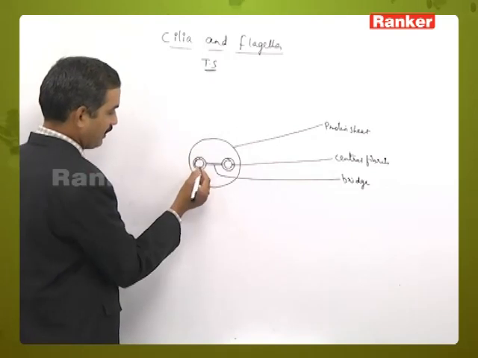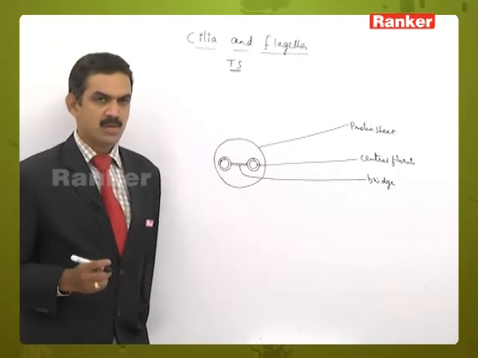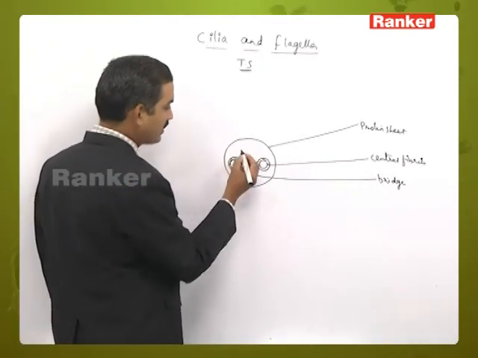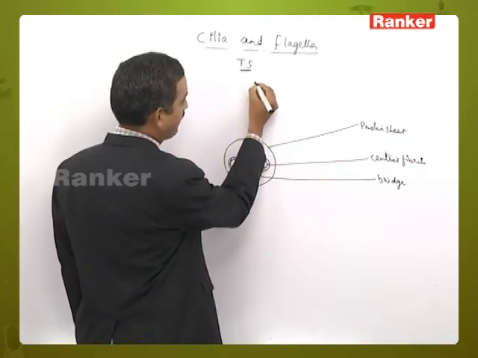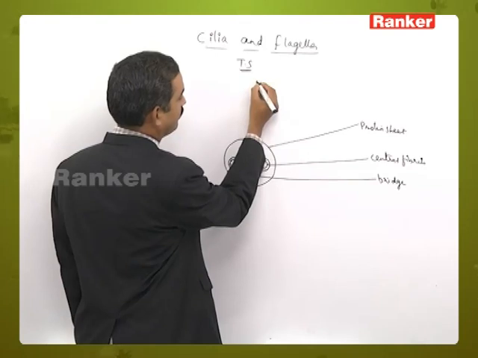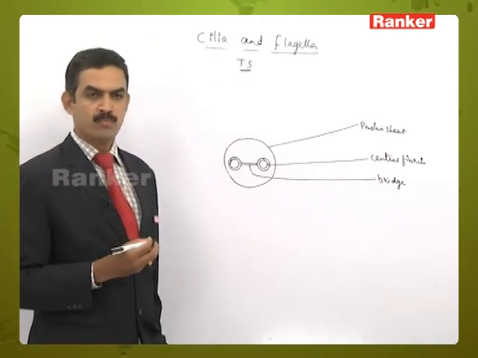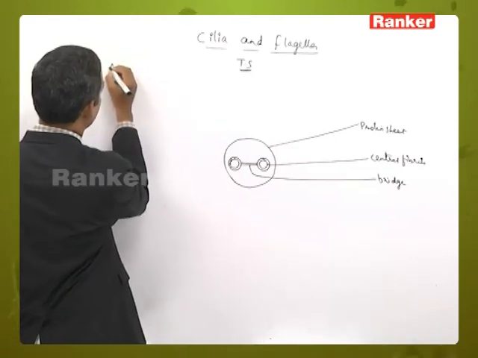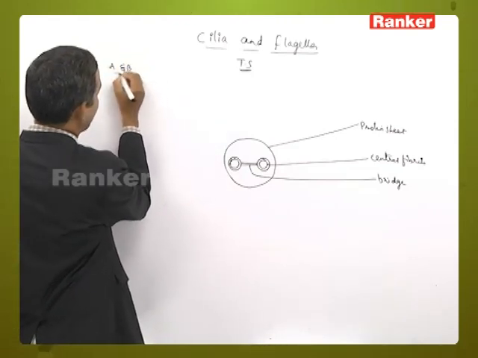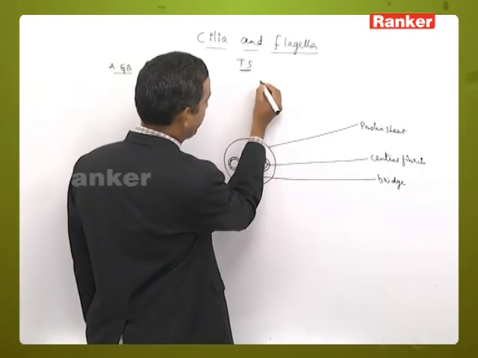Each of the central fibrils is made up of 13 protofilaments, having some connecting spokes. On the peripheral side we can see 2 microtubules, called A and B microtubules.